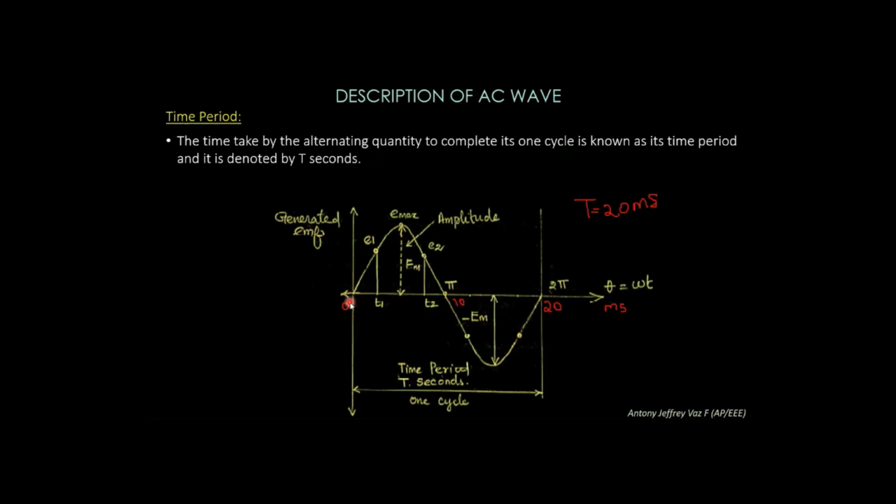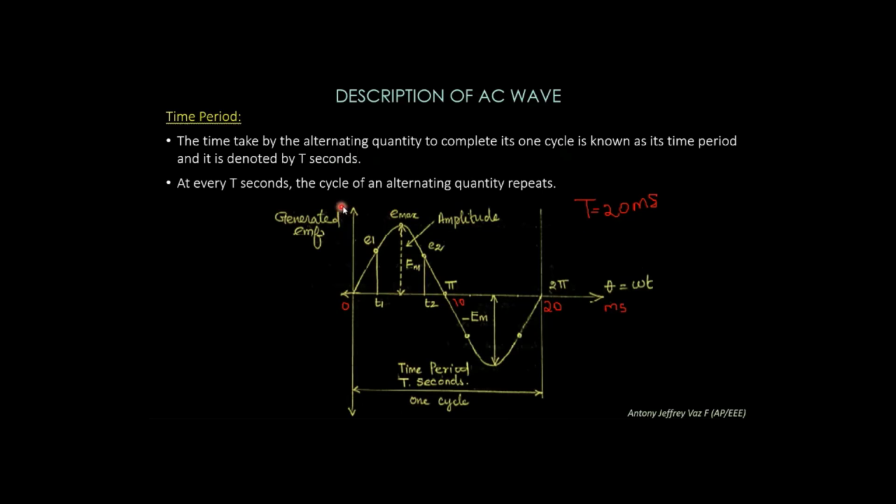So if you draw a cycle and examine the start of the cycle and the end of the cycle, the duration between the start and end, that is the difference between the end of the cycle and the start of the cycle, is nothing but 20 minus 0, which is 20 milliseconds. So time period T is equal to 20 milliseconds.